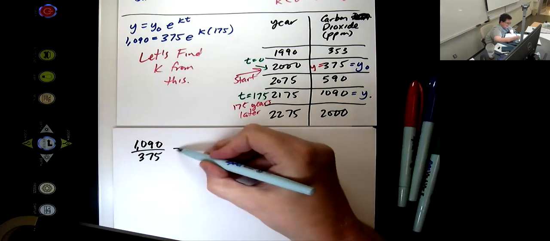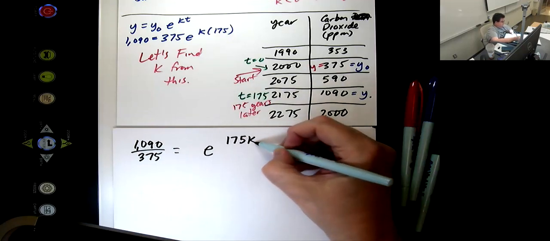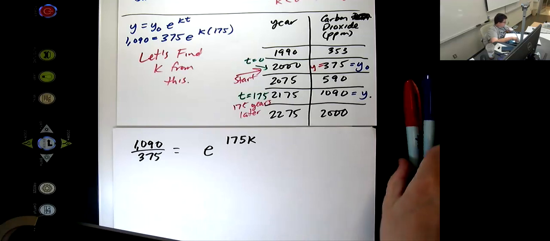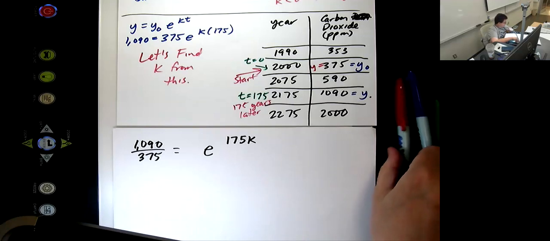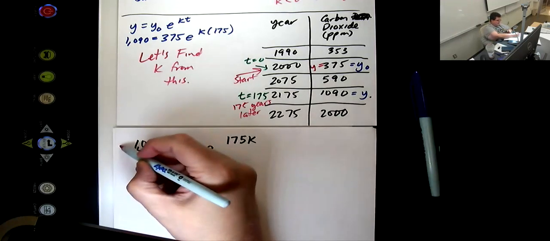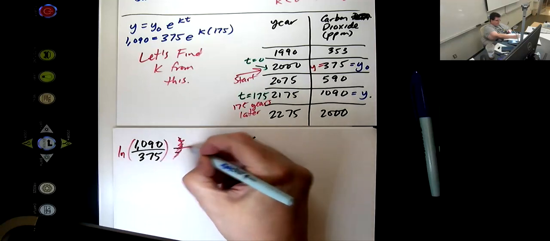I want to get the e to it, e by itself. Then we take the natural log of both sides.